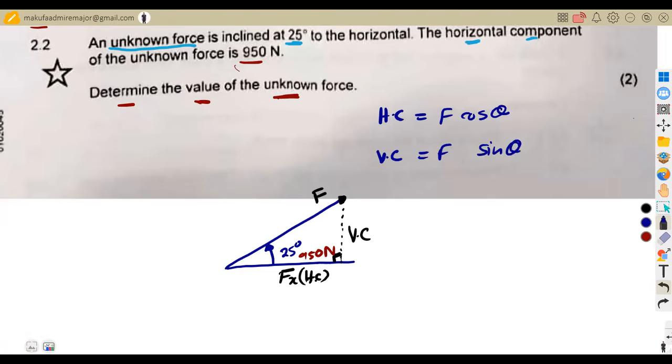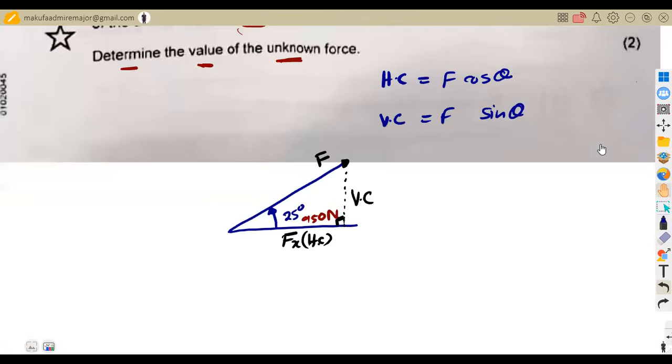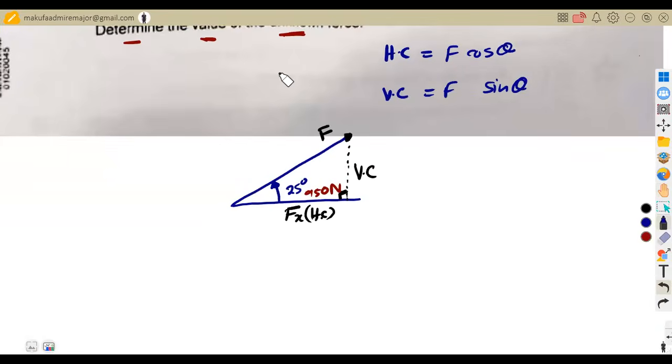So from our formula alone, we know that this horizontal component of 950 Newton was taken from F cos theta. So we are going to have this as F cosine of theta, where theta is the angle of incline of 25 degrees. We have formulated an equation from there.